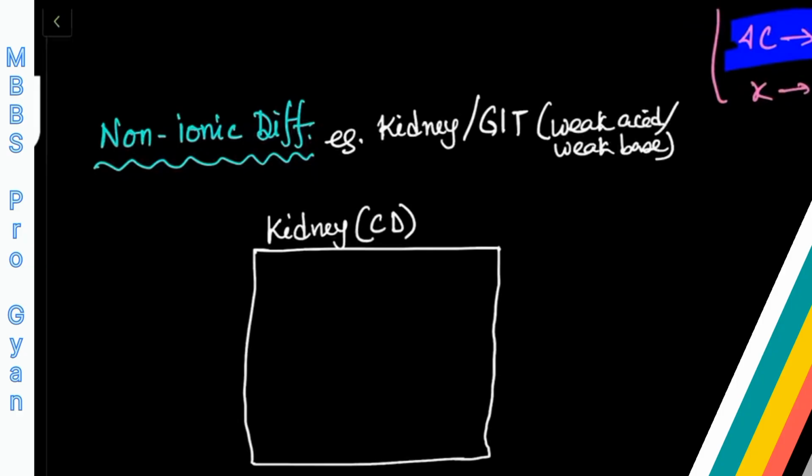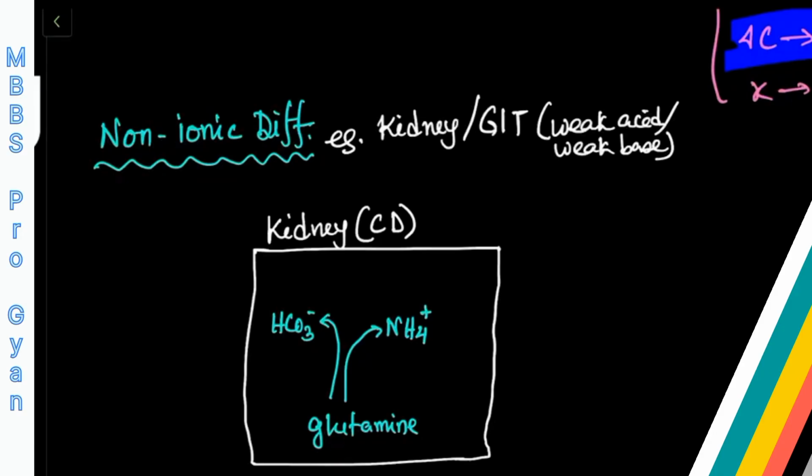At the level of the collecting duct, there is a process by which glutamine generates ammonium ion. Two molecules of ammonium ion will be generated. Along with that, there will be generation of the bicarbonate ion also by a reaction.